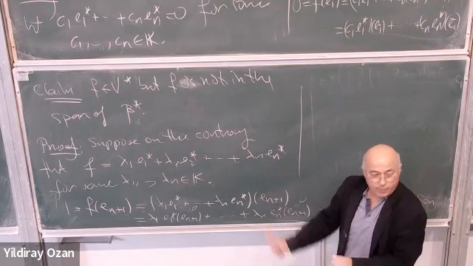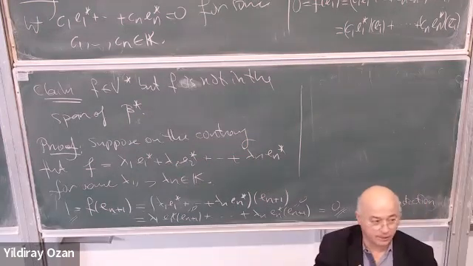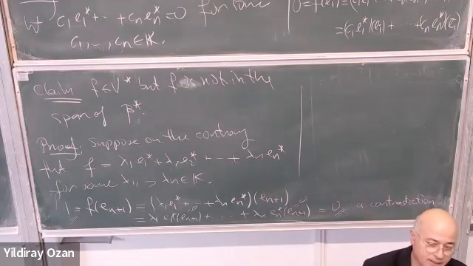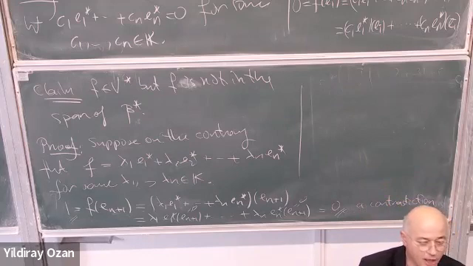In linear algebra, a set is a basis if any element can be written as a linear combination, but that should be a finite linear combination. In algebra, all summations and products are finite. Okay? In analysis, you consider infinite sums, but in algebra, all sums should be finite.